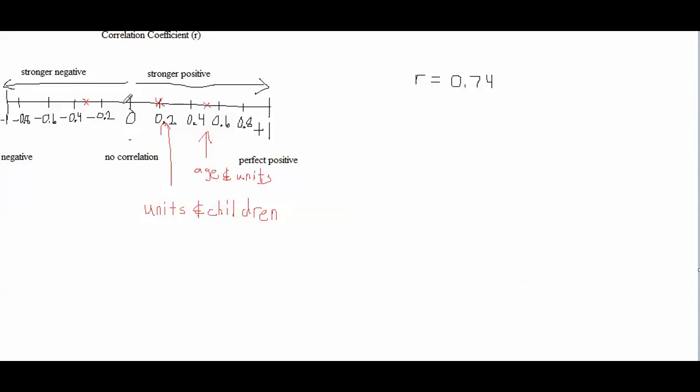So my main point is if you have a negative correlation and a positive correlation, it doesn't mean that the negative correlation has to be weaker than the positive correlation. So negative doesn't mean the same thing as weak. A lot of people might tend to think that a negative correlation means weak and a positive correlation means strong, but that's not true. The strength is actually the distance from zero.